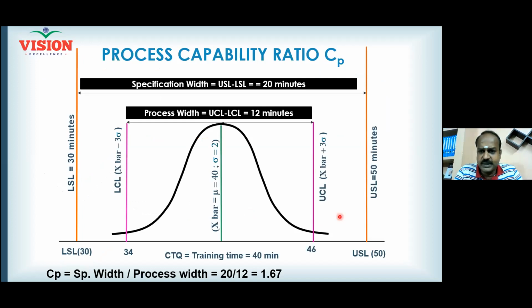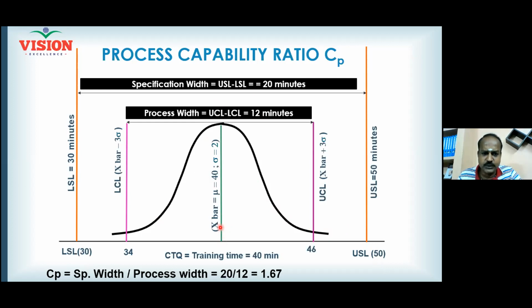Now imagine you have a process and the customer's targeted value is 40. It could be anything, maybe time, dimension, hardness, or any metric you are interested in. The requirement is 40 and the customer tolerance is plus or minus 10. So USL is 50, LSL is 30. Now your process data reveals this kind of distribution.